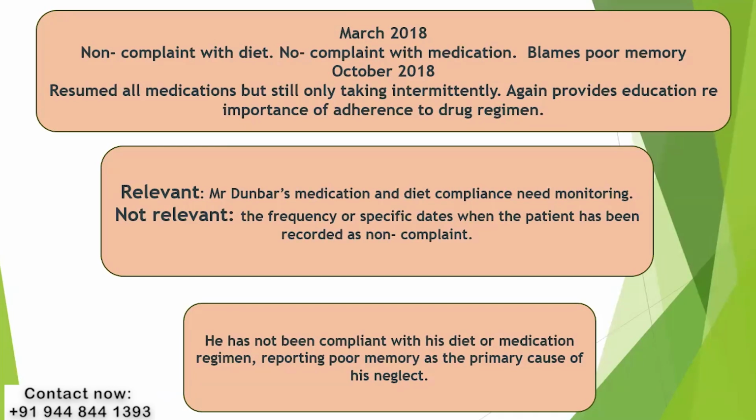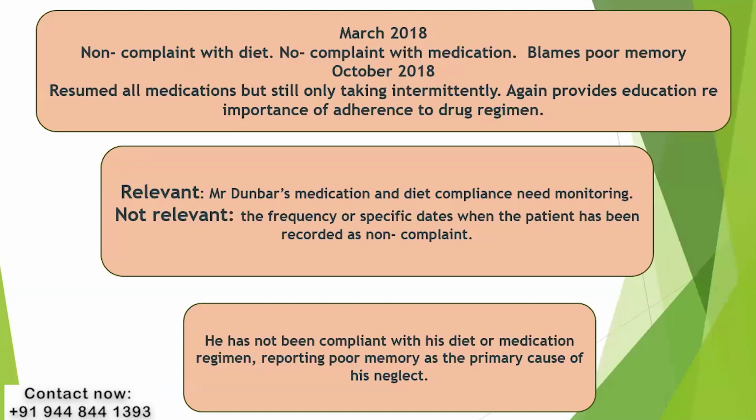He blames his poor memory for that. He is not taking the medication. In another entry, October 2018, they resumed all the medication, but still the patient is only taking intermittent medication.